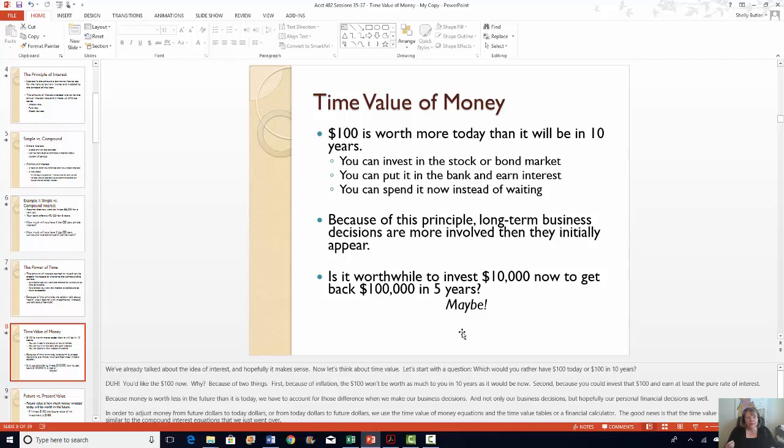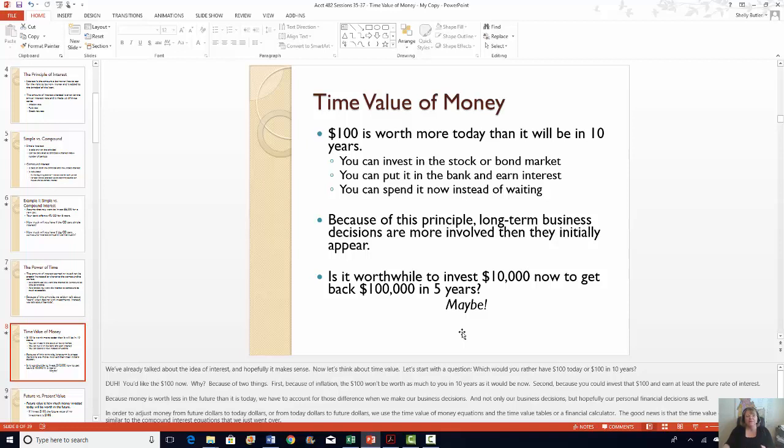Because of this principle, long term business decisions are more involved than they initially appear. When a business is looking at a capital investment where they have to get a lot of funds together to, say, build a plant, it's very complicated when you just think, well, they just need to get the money now.